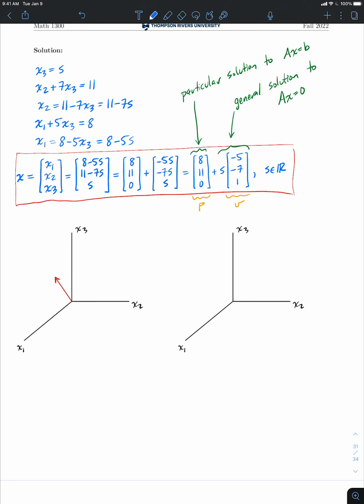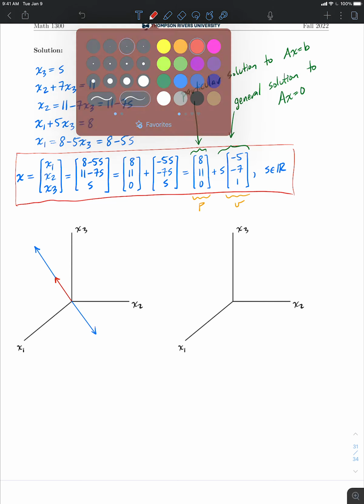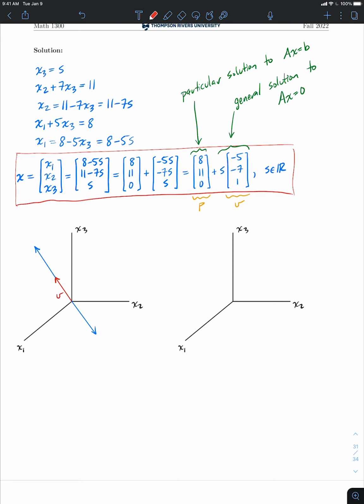But this isn't an art class, so I'm not going to worry about it too much. And then we want to extend this line, just like we did before. So what this gives you, and I'll label this as the vector v, is the general solution to the associated homogeneous system, so to Ax = 0.